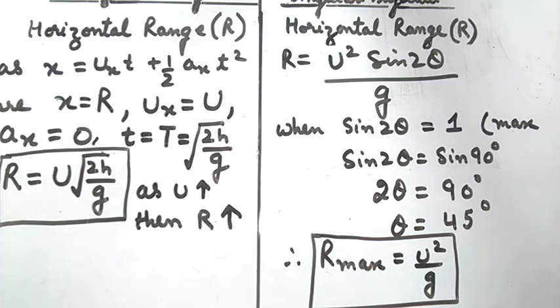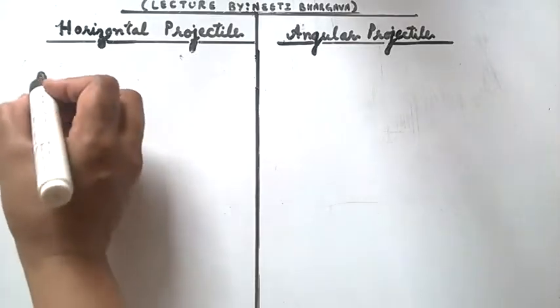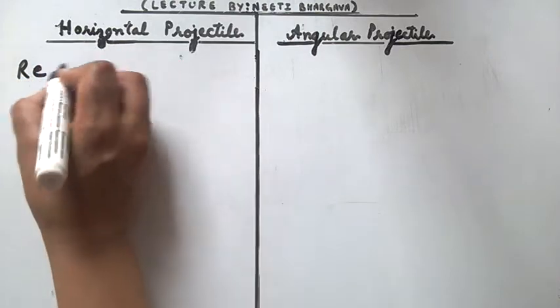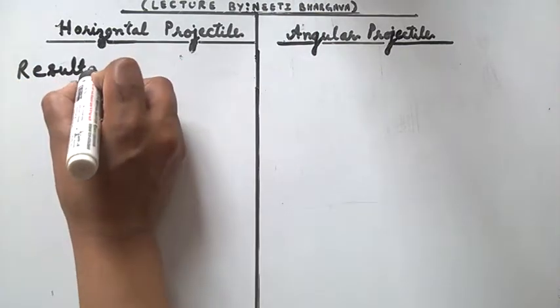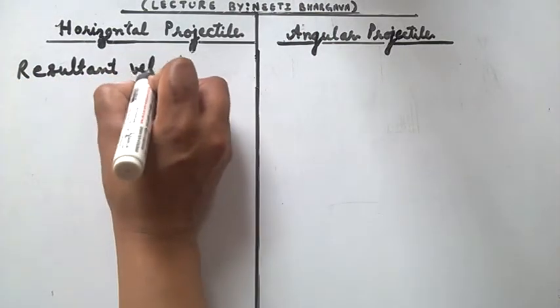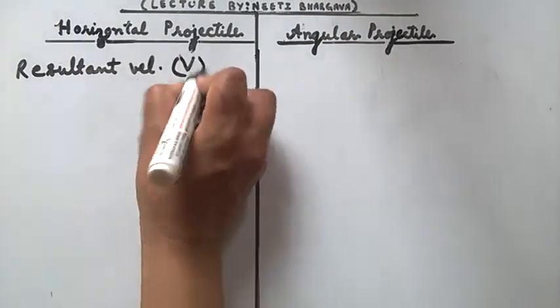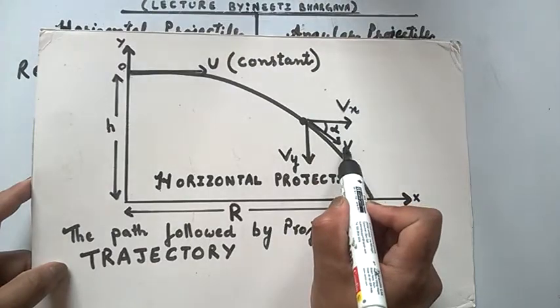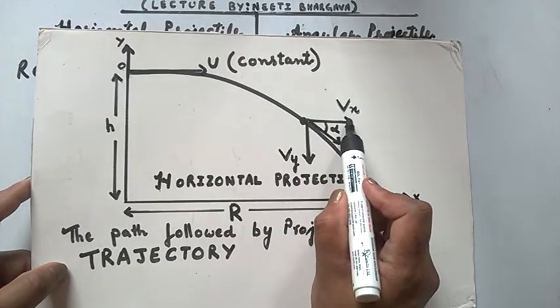Now let's find resultant velocity at any position of horizontal projectile. It is given by V, and at any position, this is the resultant velocity, and Vx is its component along horizontal direction, and this is along vertical direction.